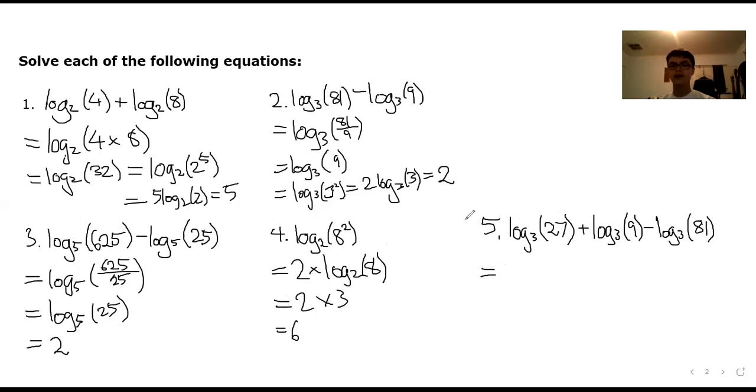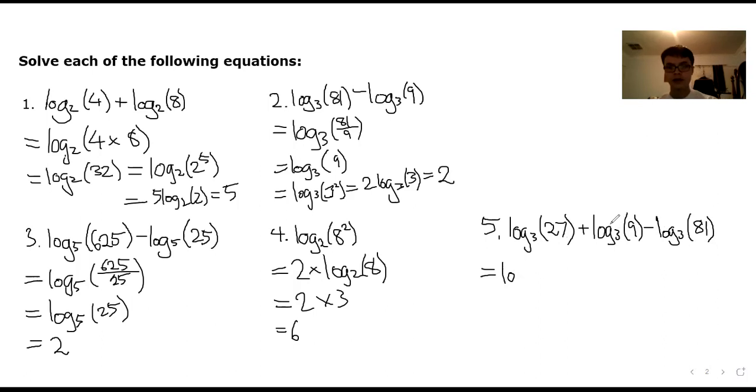With question 5, this involves more than one log law, because there's both a plus sign and a minus sign with the same base. That means that we need to use 2 logarithmic laws, I should say. So the best way to tackle this question is to break it down into 2 parts.